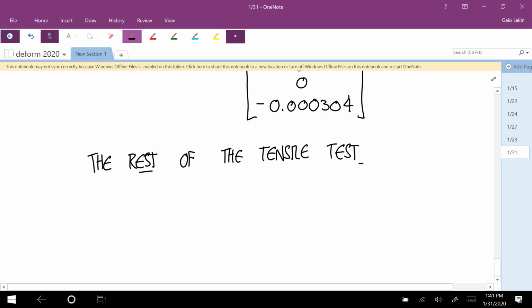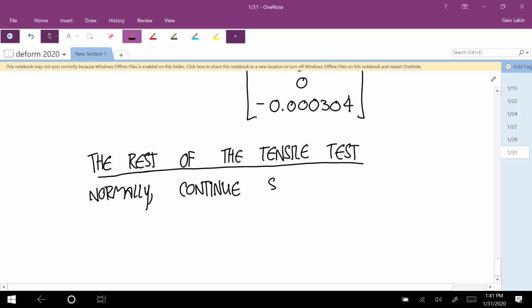Normally you continue stretching the sample material until it breaks into two pieces.